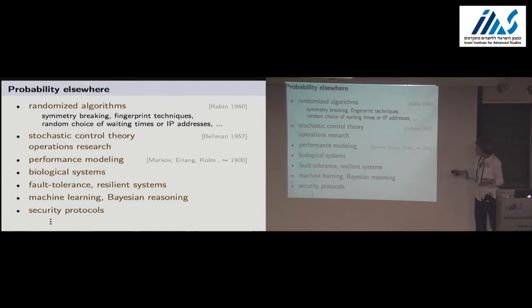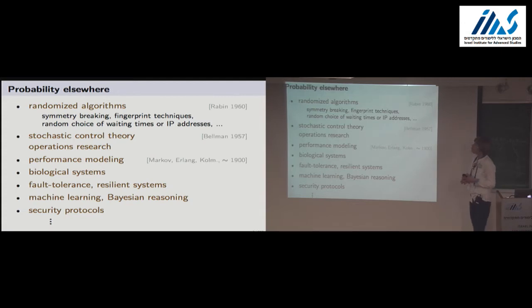Other areas, though, there is stochastic control theory, operations research. That's another very traditional field where one considers typically some combination of probabilistic and non-deterministic systems. Performance modeling is also quite a prominent area where probabilistic models play a role historically.